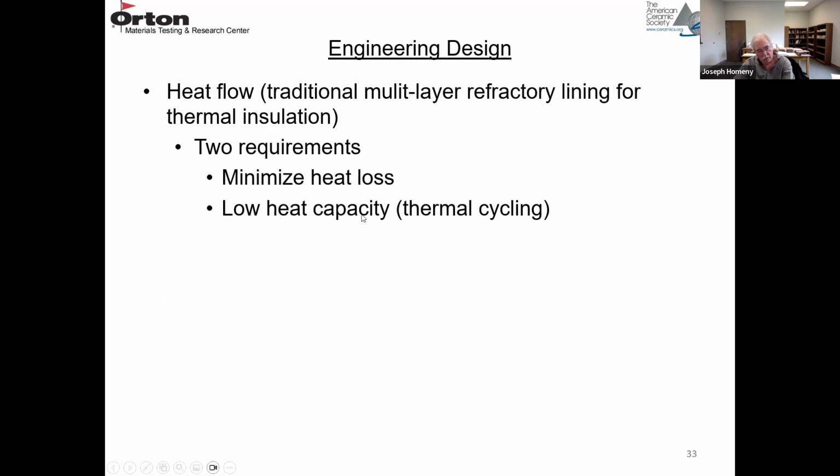When we talk about properties, that's the third course in the sequence. You'll see that you don't have a large choice in varying the composition to vary the heat capacity. The heat capacities are pretty similar for a lot of the refractory materials.